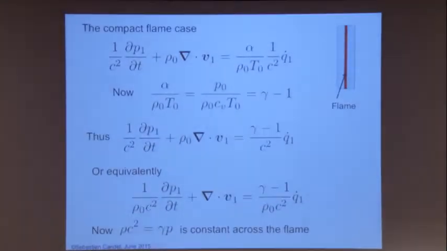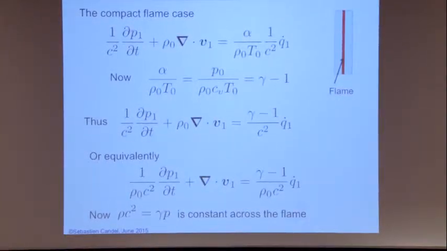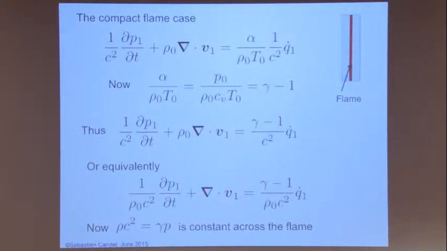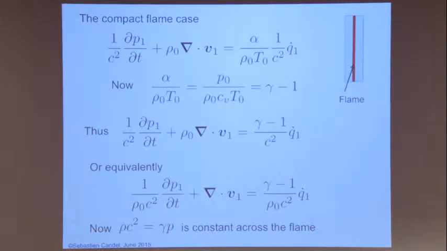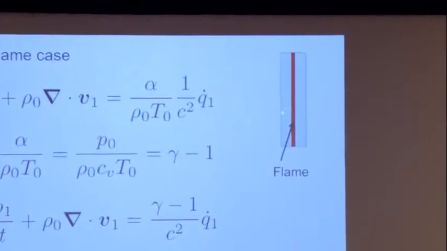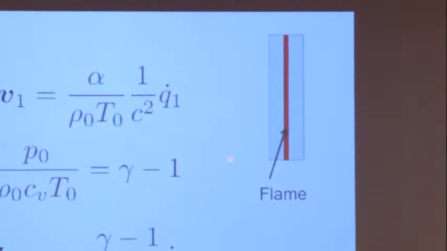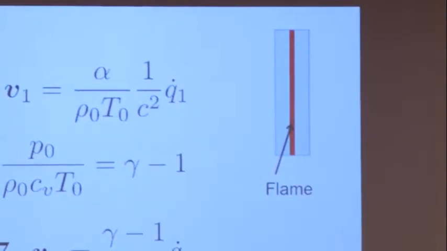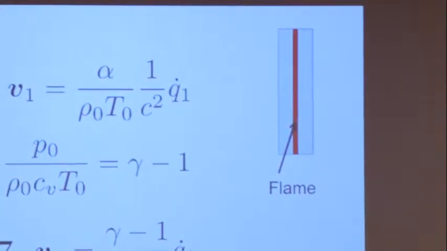So the situation is, again, we take this equation here, and we assume that the flame is compact, and we want to see what happens to conditions on the two sides of the flame.